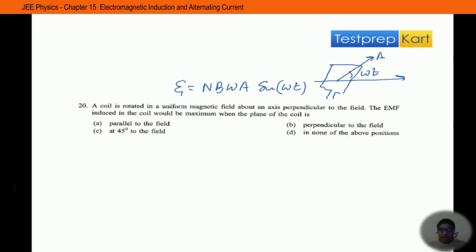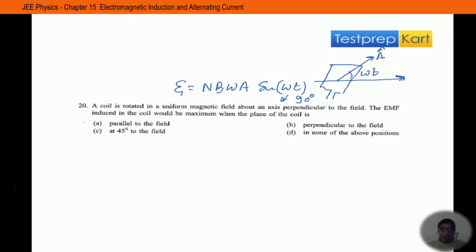Now the magnitude of EMF will be maximum when omega t is equal to 90. So the area vector of the coil will make a 90 degree angle with the magnetic field if the coil lies parallel to the magnetic field, because the area vector is always perpendicular to the surface.